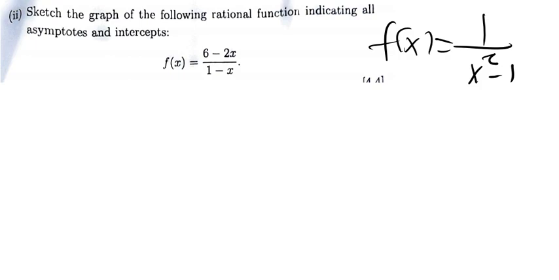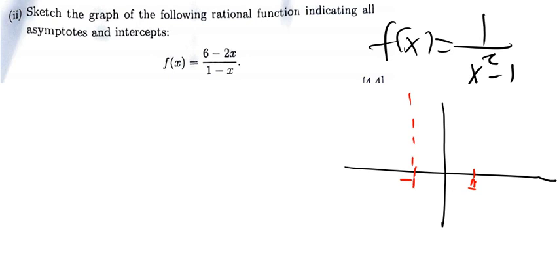And our graph was like this, with 1 and negative 1. The vertical asymptote is at 0, the horizontal asymptote, sorry, it was going like that.